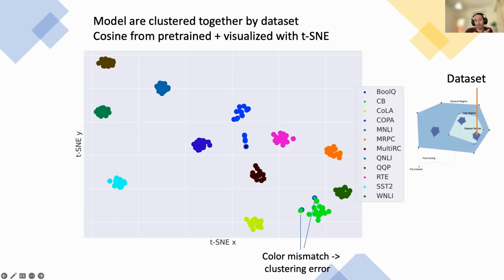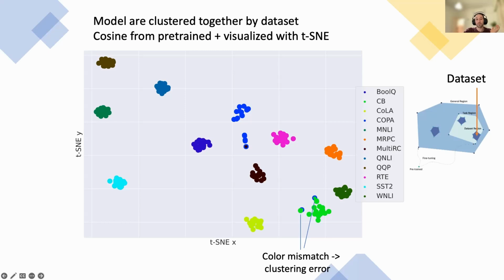I think at least in the data set, it's very convincing that it's easy, without knowing anything about what the training was, to tell which data set you trained on by just giving weights.